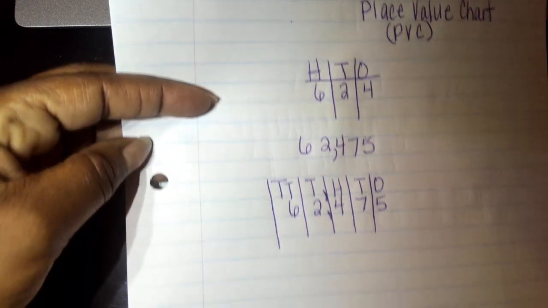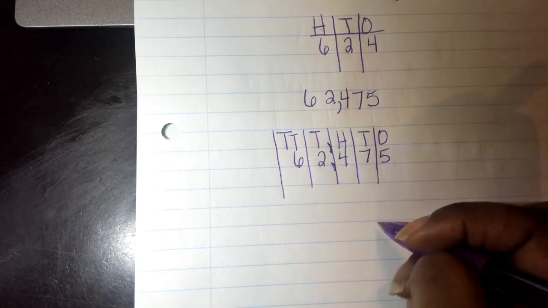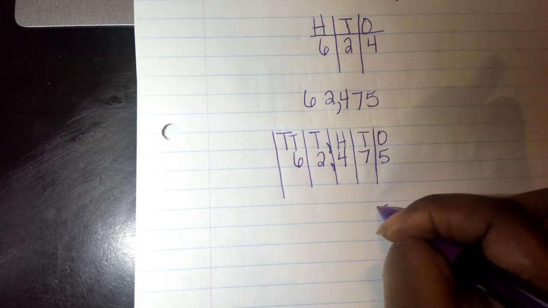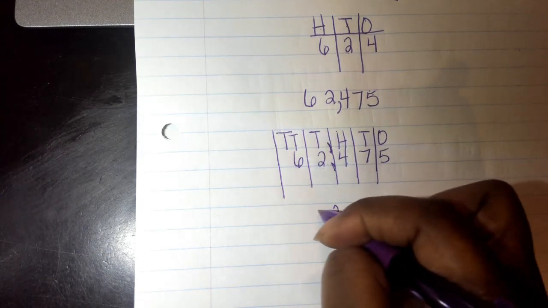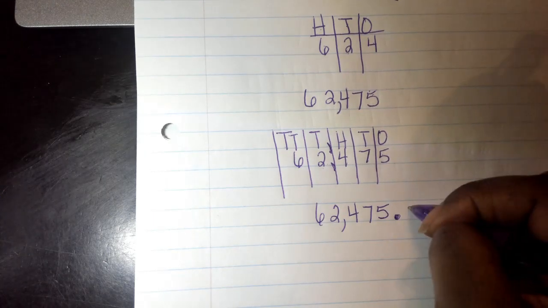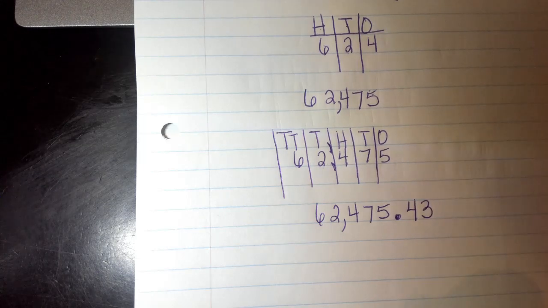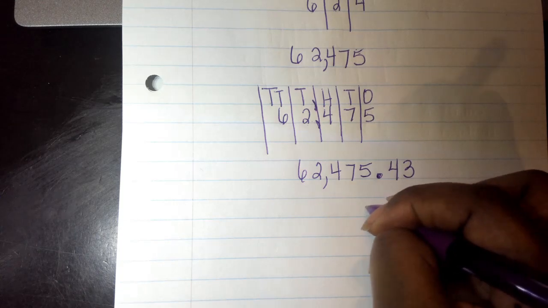In 5th grade, they have increased to decimals. Actually they start that in 4th grade here in Texas. So I'm going to go same number. Okay, I'm going to put my decimal here. All right, so for this number we're using our same place value chart.